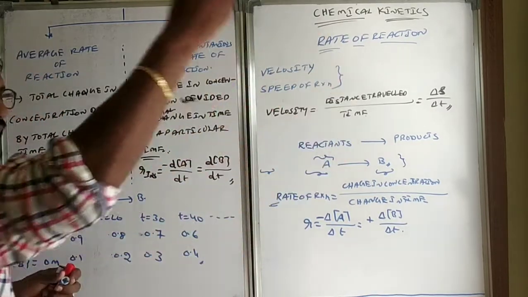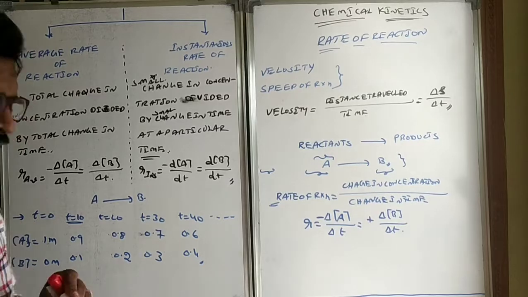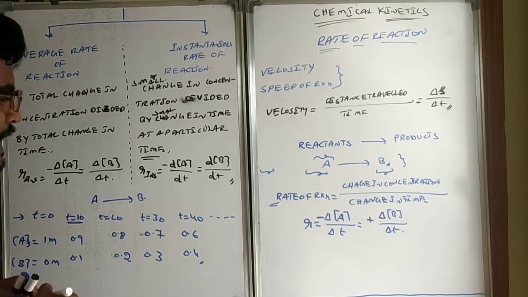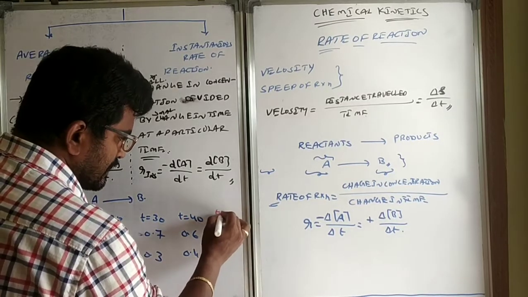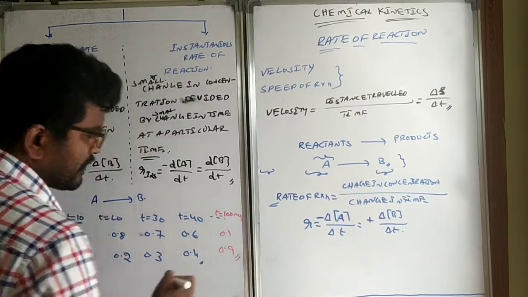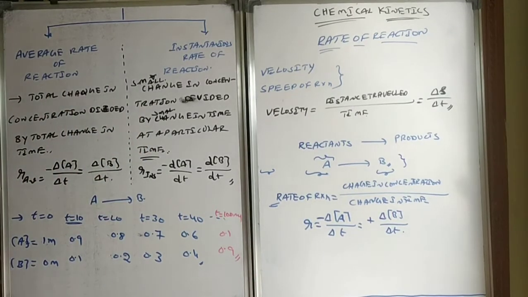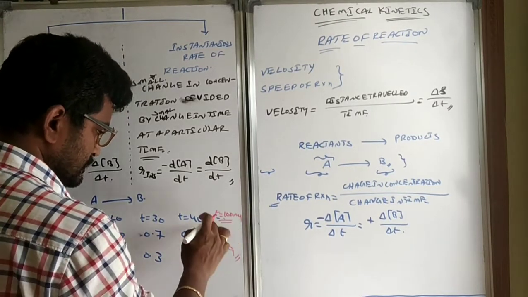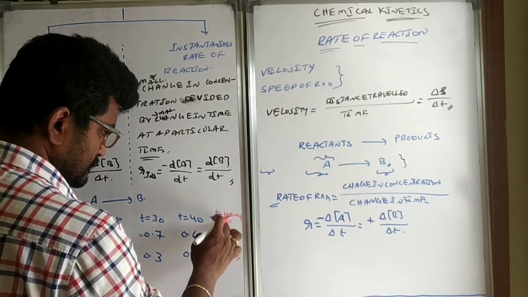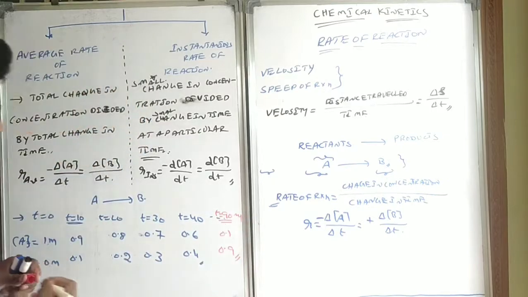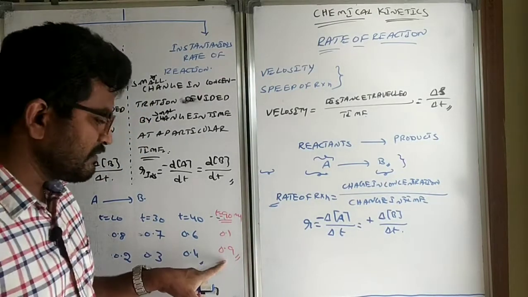Like that, at different time intervals we can find the concentration of A and B. Now you see exactly at 90 minutes, A is 0.1 and B is 0.9.